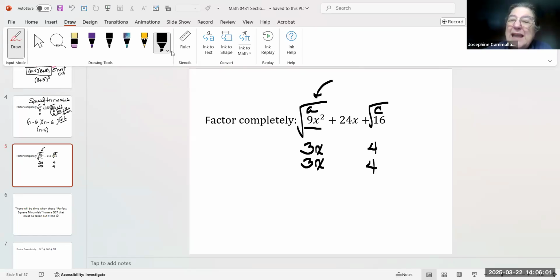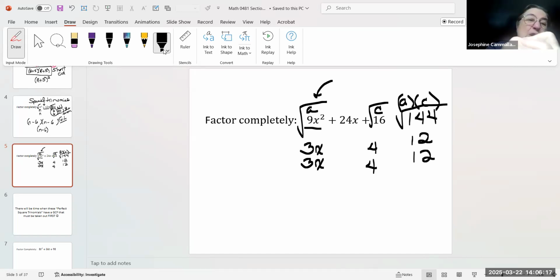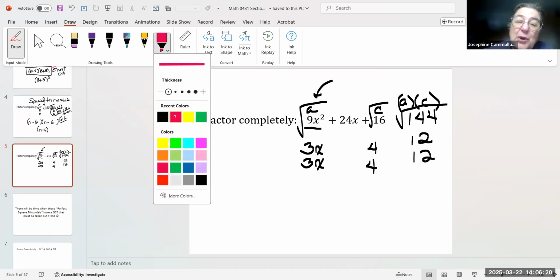If I multiply a times c like we've done in the past, I'm going to get 144. What's the square root of 144? 12 times 12. Look at what I got here.